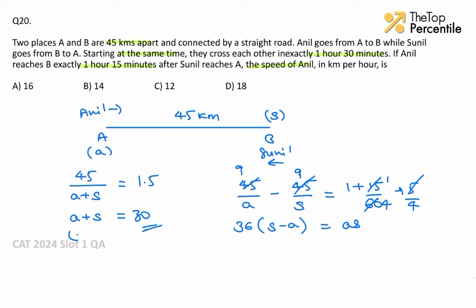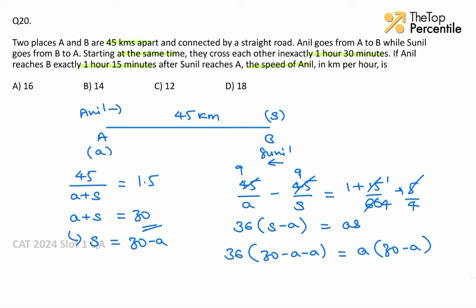Now we need to find the speed of Anil. So let's substitute the speed of Sunil as 30 minus A. This gives 36 into (30 minus A) equals A into (30 minus A).